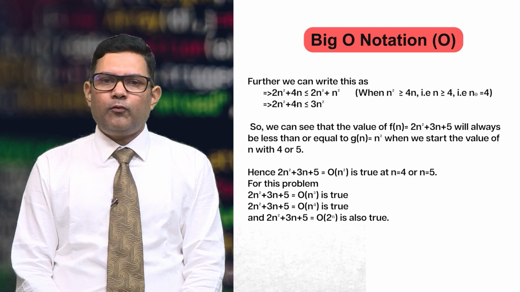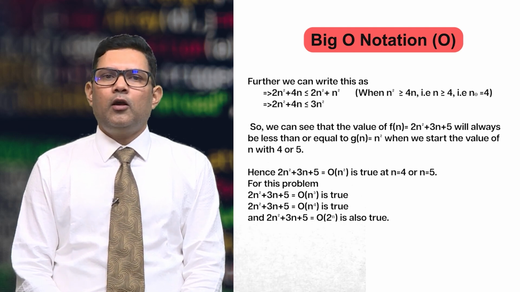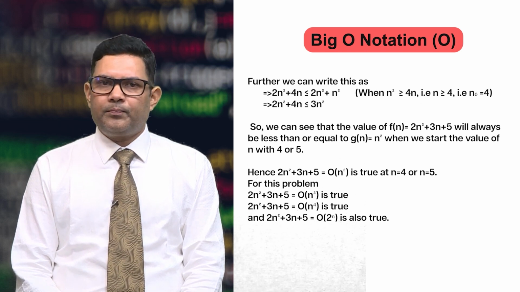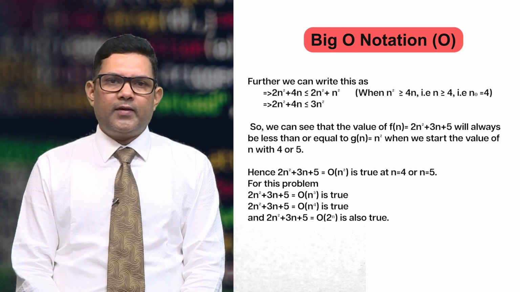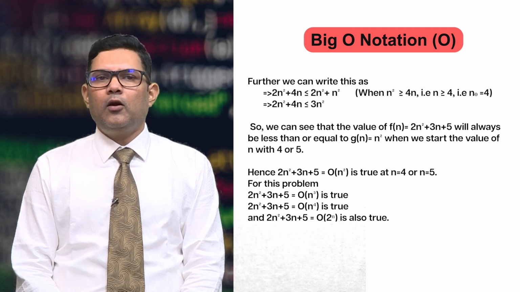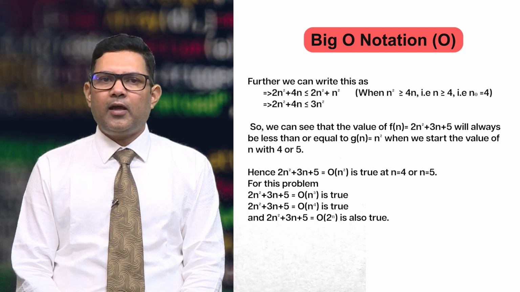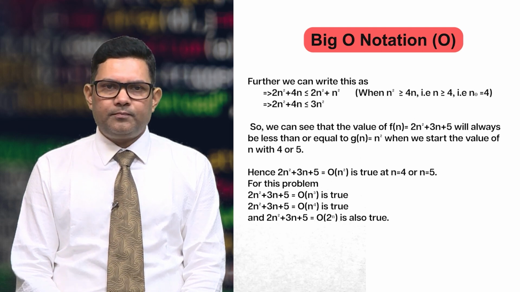That means if we start from n equals 4, then 2n square plus 4n will always be less than or equal to 2n square plus n square. So we can simplify the equation: 2n square plus 4n will be less than or equal to 3n square. That means this satisfies the condition of c into g of n.